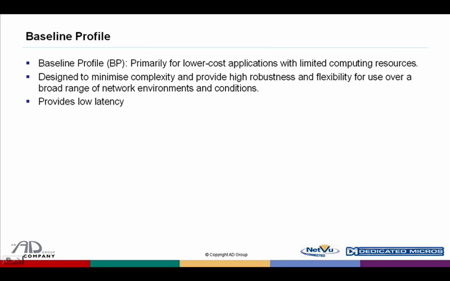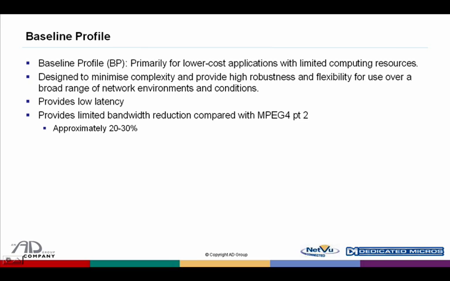Because we are using the lower order tools for baseline profile, that has two effects. First of all, it allows us to provide low latency because we're not using the high levels of coding tool. But also, saying that, we don't achieve the very high levels of compression that H.264 can achieve, and on typical tests you actually achieve round about the 20 to 30% data reduction compared with, say, MPEG-4 Part 2.